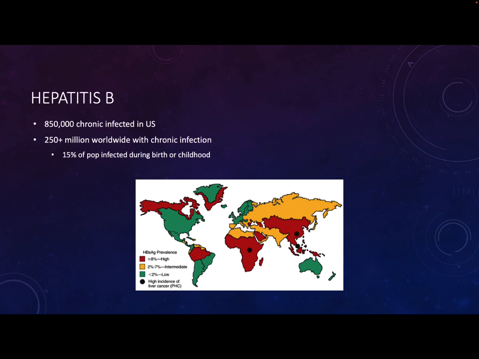So it tends to be seen at higher levels in the US and Canada in indigenous populations, and there's a much higher indigenous population in those areas, and so that's why. Often it's a lack of resources and healthcare infrastructure to prevent the infection.